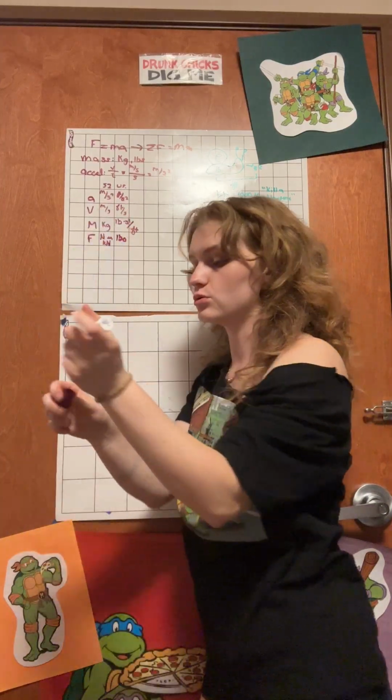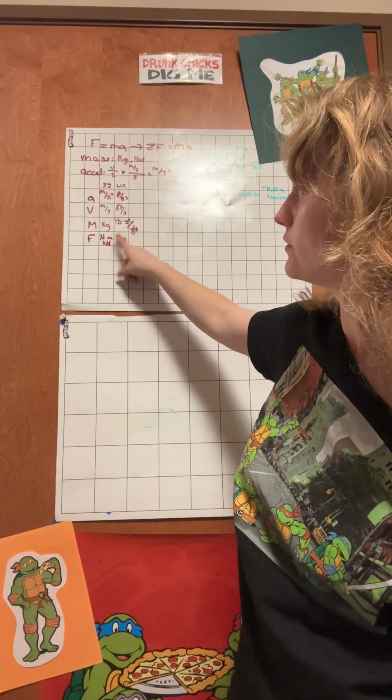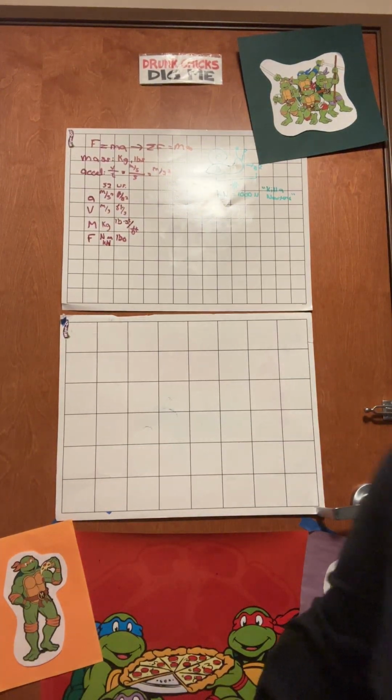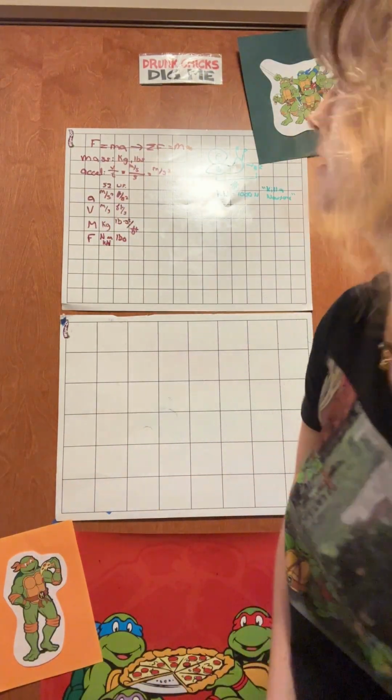Forces in pounds. That's why we have this wacky conversion. This ain't the same. Don't ever get them mixed up, okay? Or you will regret it. Okay, yeah. So now moving on.